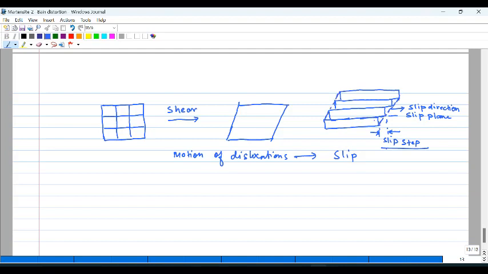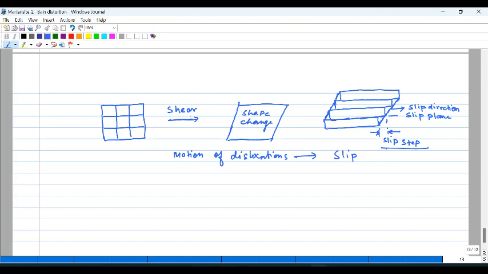And you can see that this brings about that macroscopic shape deformation, like what you have seen here, right? So that can be generated through motion of dislocations along the slip planes, which creates these slip steps, and through the motion of several such dislocations over parallel slip planes will cause this shape deformation like what you see that happens through shear.